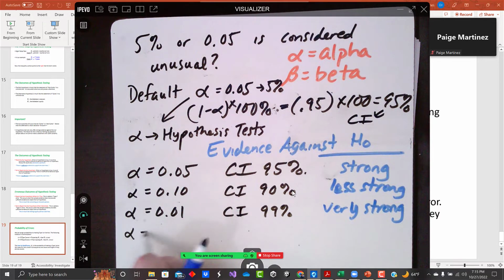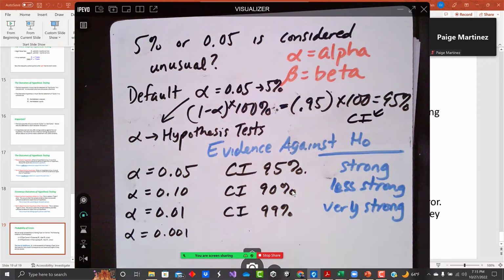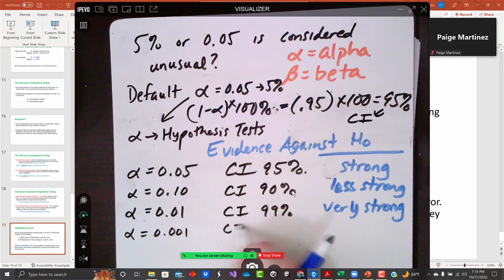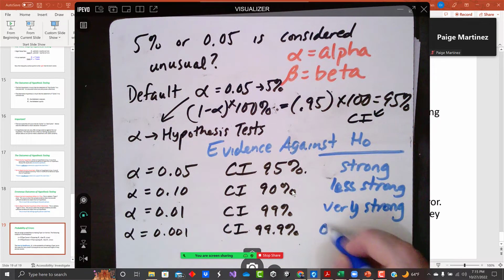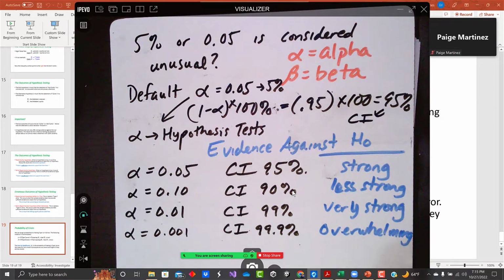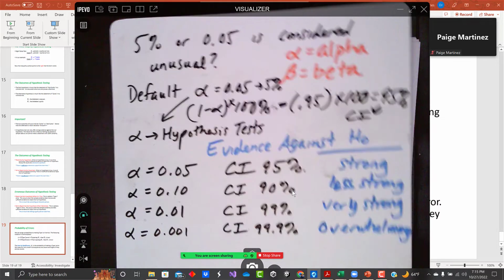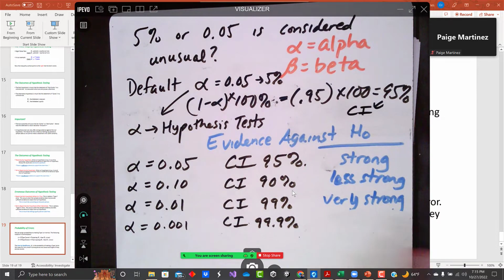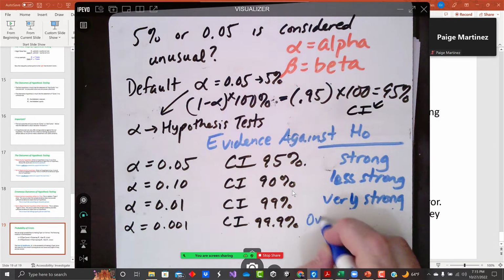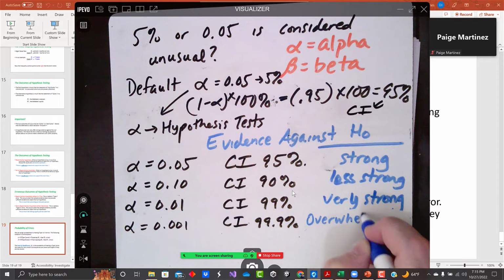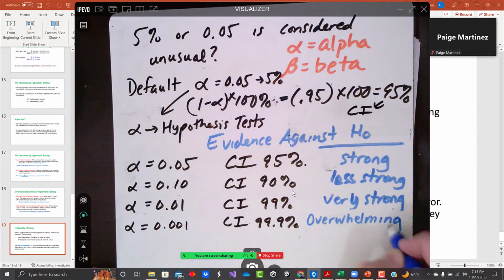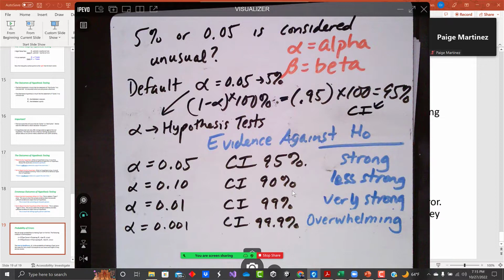And when alpha is 0.001, this is like 99.9%. It's overwhelming. There we go. And I'll pause for a second and let you write that because I know you're not on slides anymore.